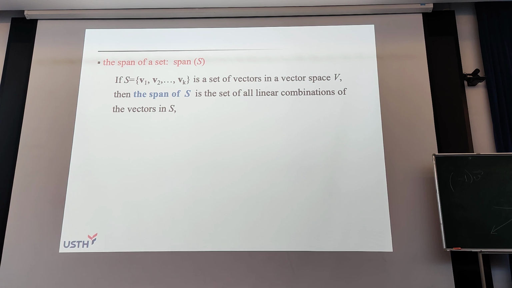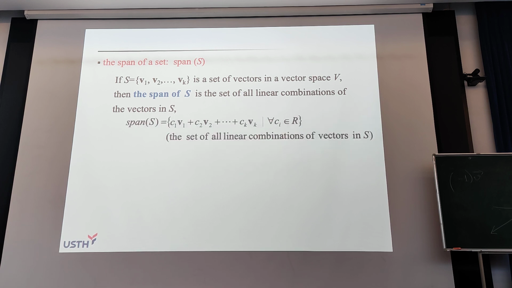And in Vietnamese, span of S is tập sinh bởi S. Here, by formula, you have span S to be the set here with all possibilities c1, ..., ck in the real numbers. That is the set of all linear combinations of vectors inside S. So that is the definition.